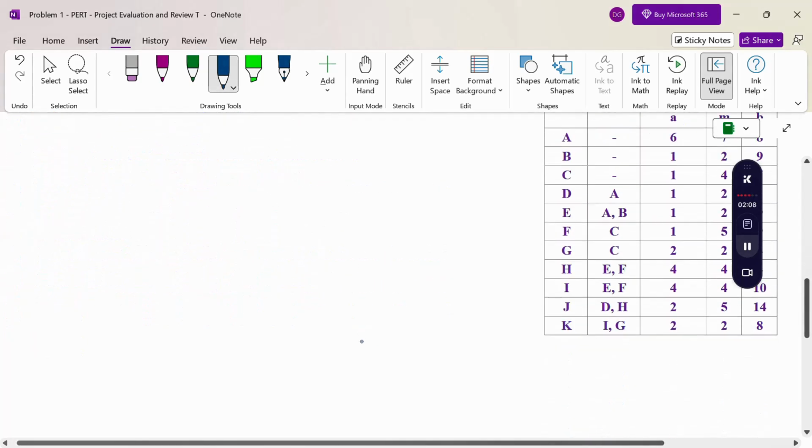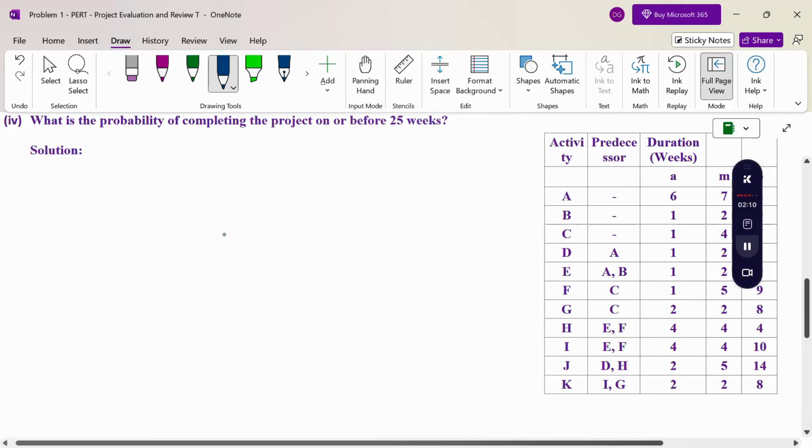First, to construct the project network using the given data, we draw the picture.